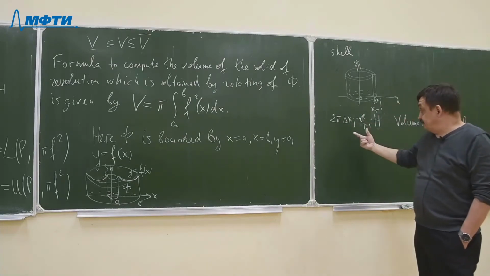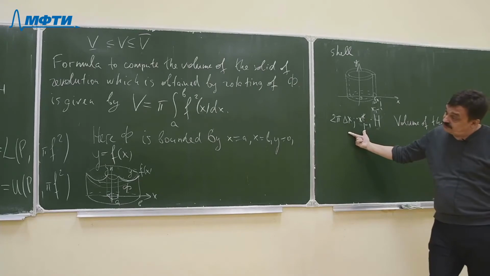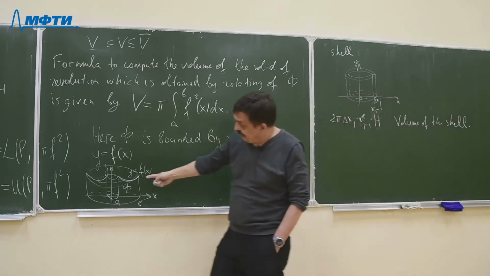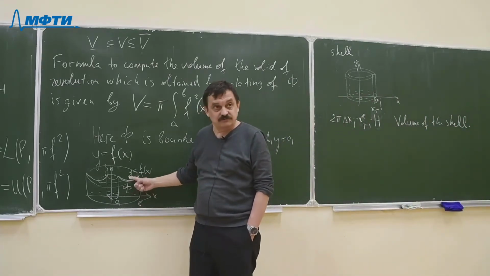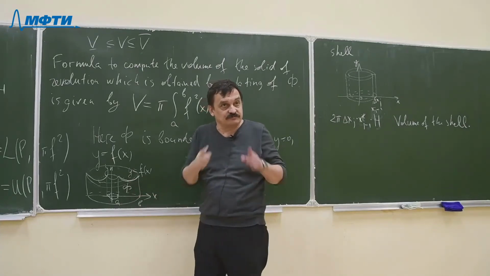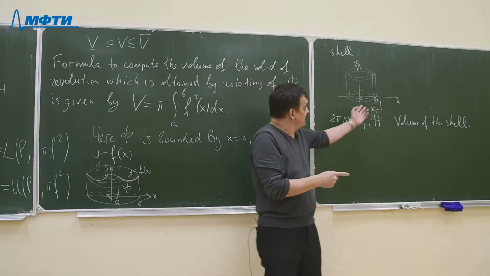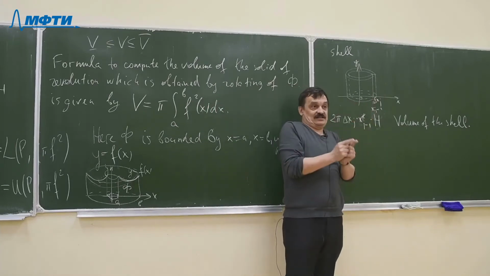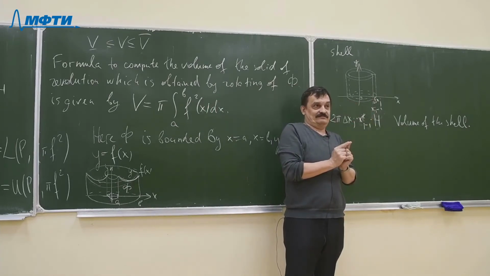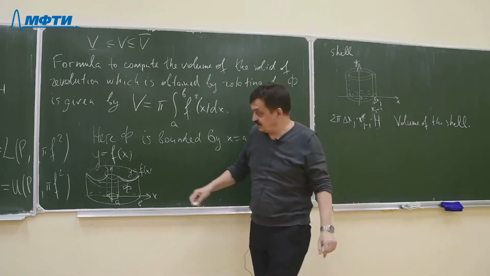And then look, we split our solid of revolution into the sum of such thin shells, right? Many such shells like that.